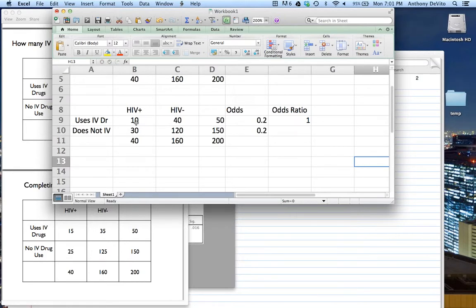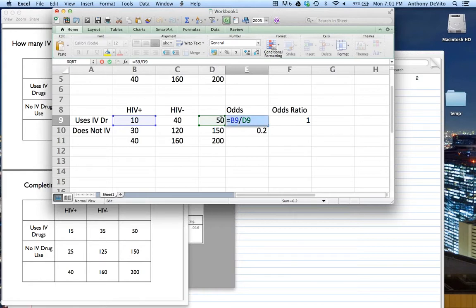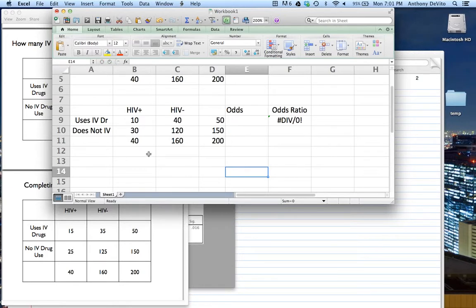Okay, so now this time, what are my odds going to be equal to? My odds are calculated differently than my risk. The way my odds are calculated is I take, among the IV drug users, the number of people that are HIV positive divided by the number of people that are HIV negative.